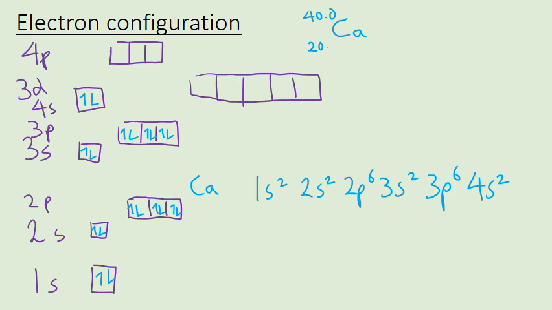I'm going to give us iron, which has 26 electrons. So for 26 electrons, there's an extra 5, and there's 6. Okay, so there's our 6 electrons, or 26 electrons.